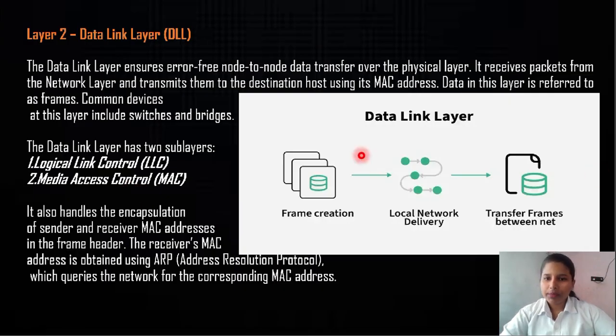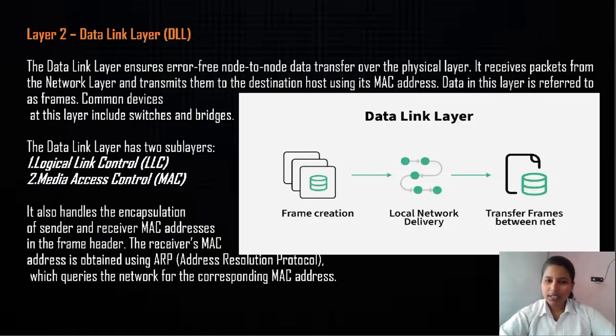That is nothing but frame creation, local network delivery, and transfer of frames within the network. As a simple example, a packet is converted into frames and assigned a MAC address, which is a unique, permanent physical address of a device. This ensures that it reaches the correct router and switch within the network. For example, our letter is stamped and sorted in the post service by workers based on the street address.